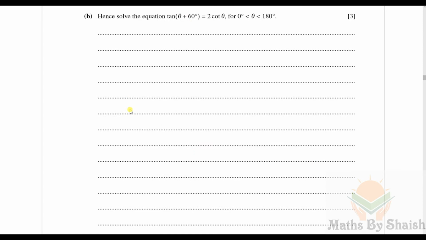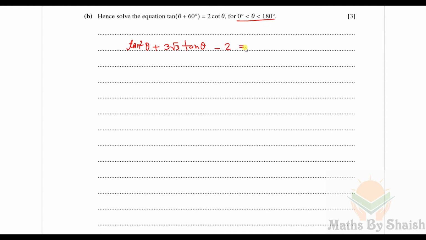Part (b) is, hence solve the equation tan(theta + 60 degrees) = 2 cot theta for theta between 0 and 180. So from the first part, we can write this equation as tan squared theta plus 3 root 3 tan theta minus 2 is equal to 0.